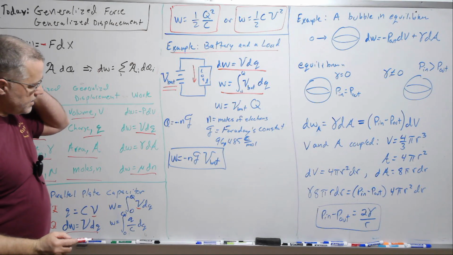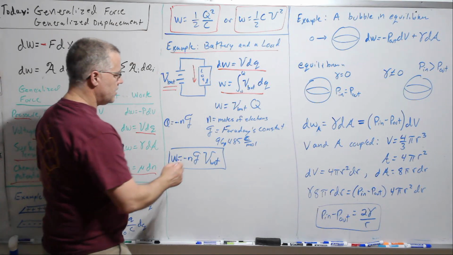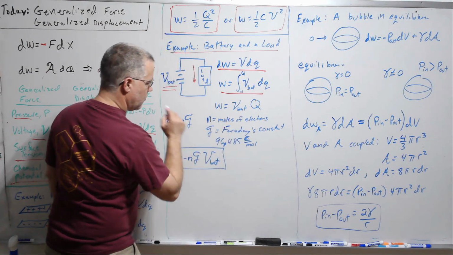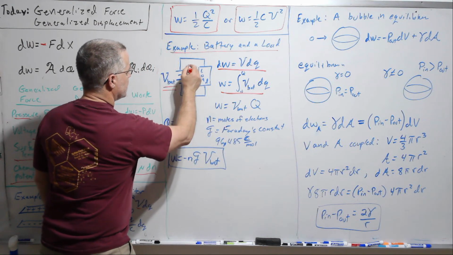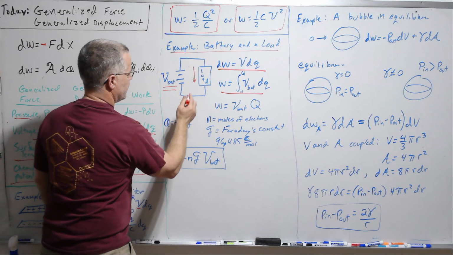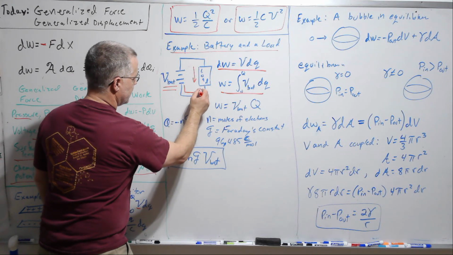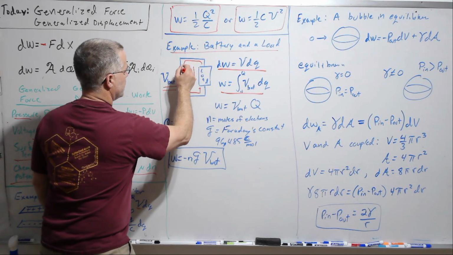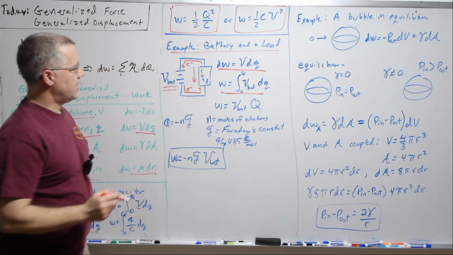Now, let's think about what the charge carriers are here. So this is the current, but we haven't worried too much about that. Out of here will come electrons, and they will go through the load like that.